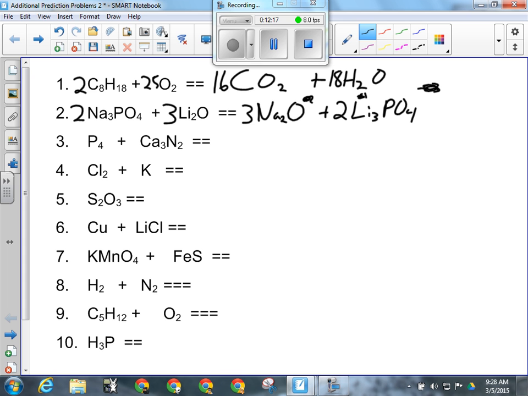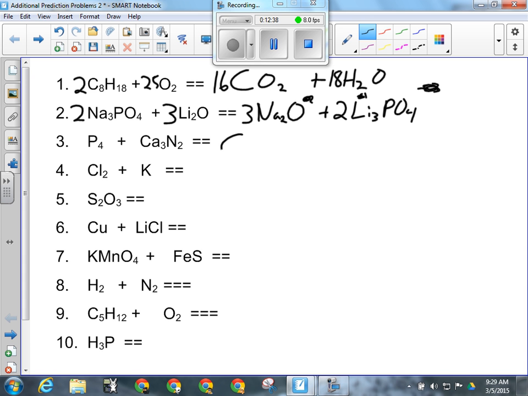Okay, for number 3, phosphorus reacts with calcium nitride. So what kind of reaction is this? Single replacement. In a single replacement reaction, I have to look at the element that is by itself. It's a non-metal. So in this case, phosphorus has to swap out nitrogen, right?